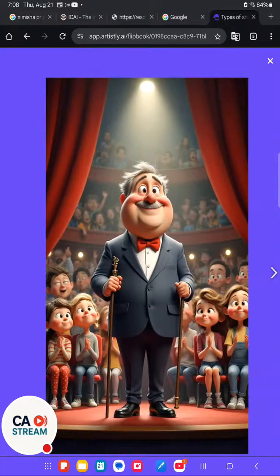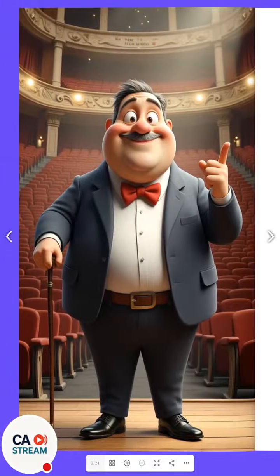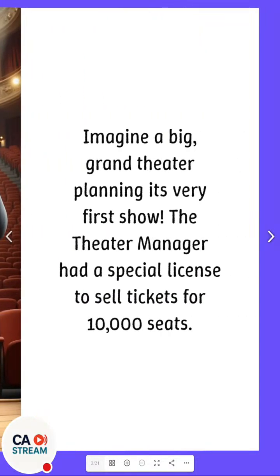See here, what are the types of the share capitals. For example, imagine a big grand theater. Imagine it is a company planning its very first show. First show in the sense it is going to issue the shares. The theater manager had a special license to sell tickets up to 10,000 seats.